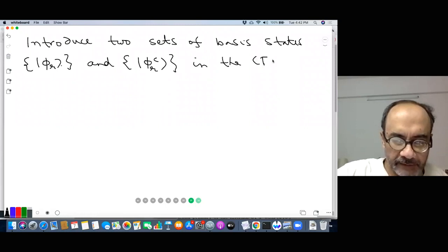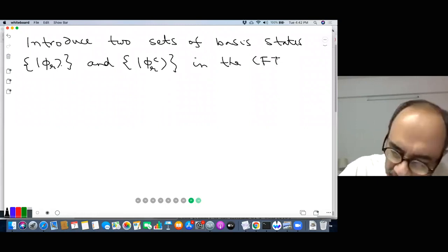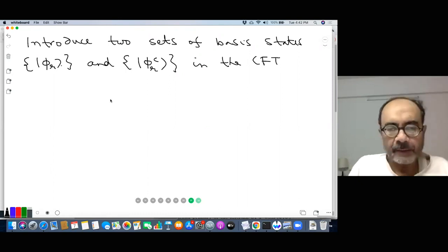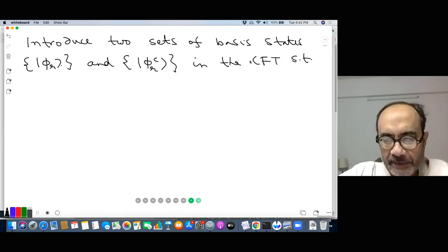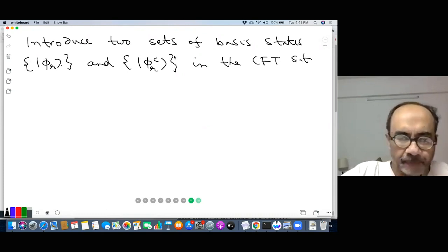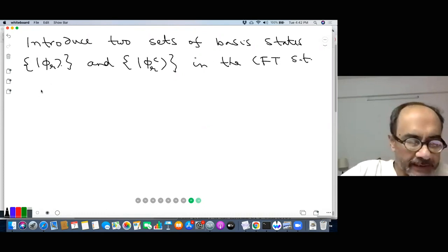Okay, so this is in the full CFT, not in this physical subspace. And we'll choose them such that, so each of them is a complete set of basis states, but we'll choose them such that the following condition holds.